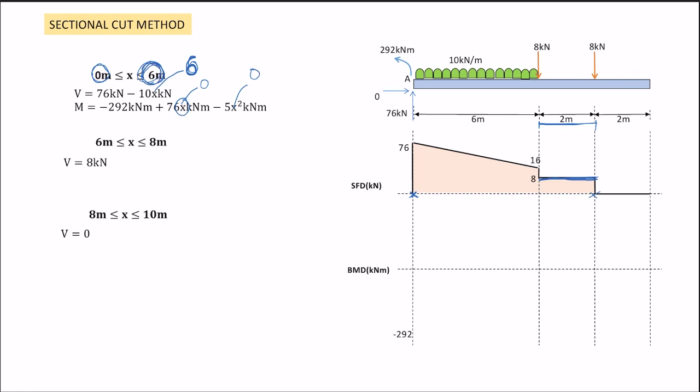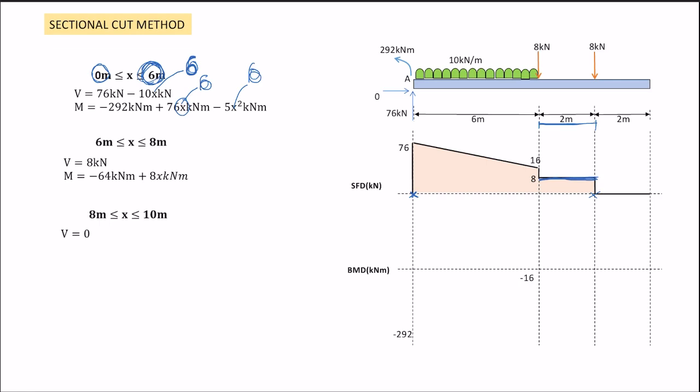Next, we have 6 meter. So, replace lah dengan 6 meter kat sini. Negative 292 plus 76 darab dengan 6 minus dengan 5, 6 darab dengan 6 kuasa 2. You akan dapat negative 16. Dan simply letaklah negative 16.